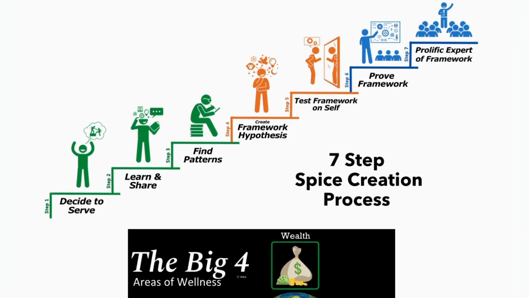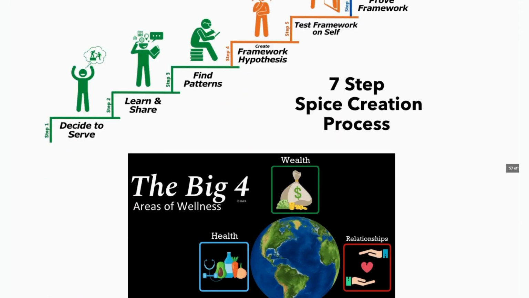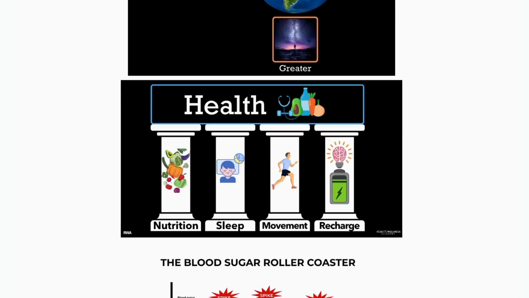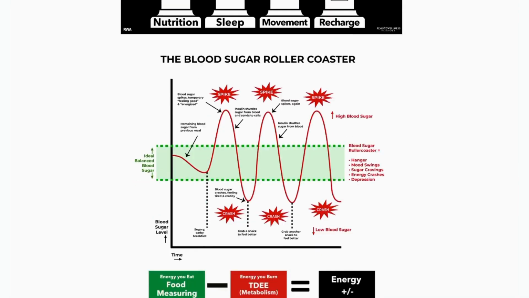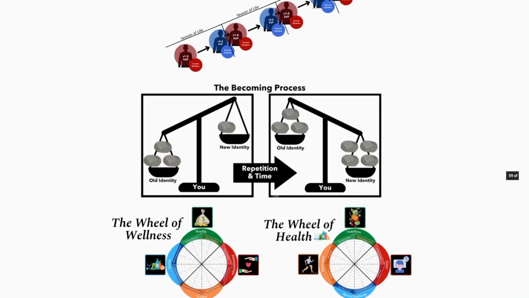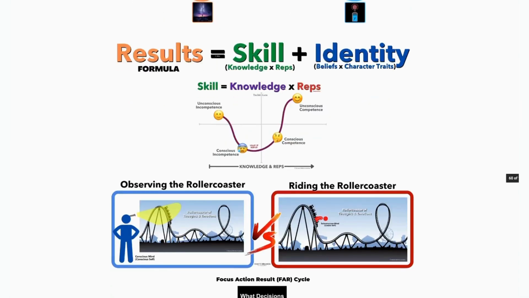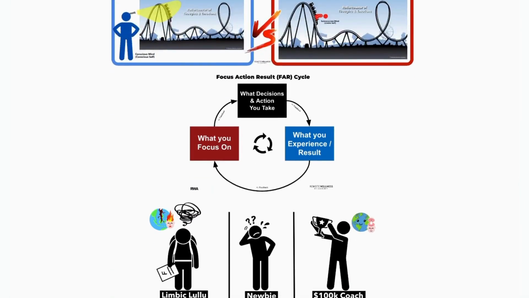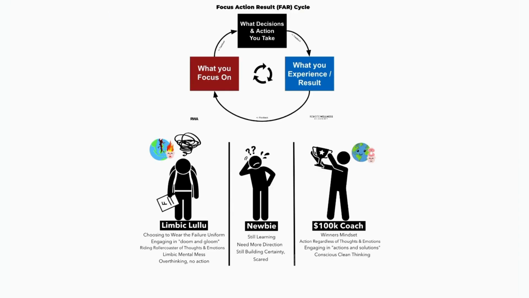So obviously the 7-step SPICE creation process is an example of a framework. Big 4 pillars of health, blood sugar roller coaster, right? That equation, becoming process, all of these are just different examples of frameworks that we have come up with on the fulfillment side in order to explain the topic that we're talking about.